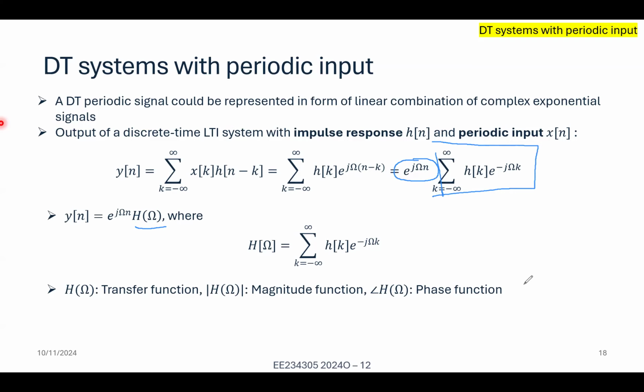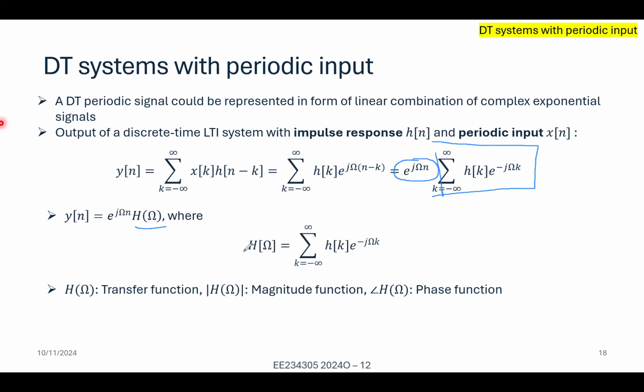This is more or less similar to the continuous time system, especially for continuous periodic signals. Now we are going to do the same with discrete time periodic signals.